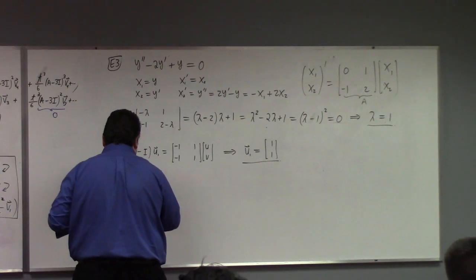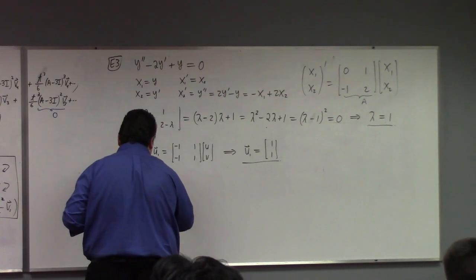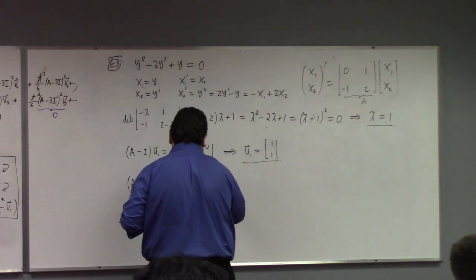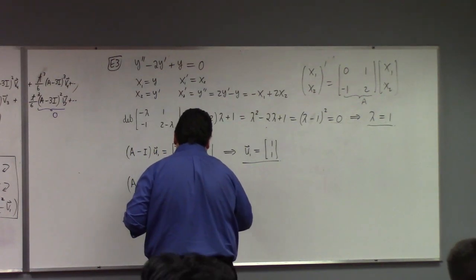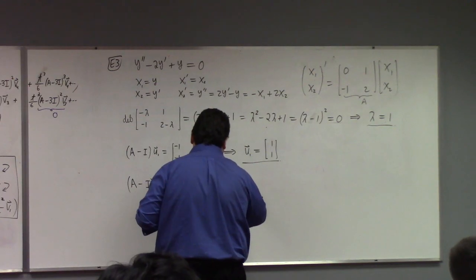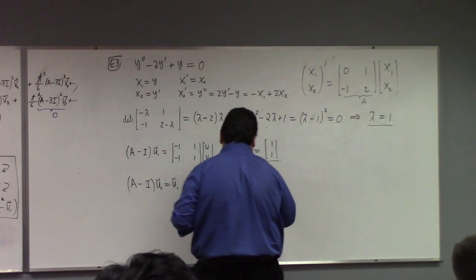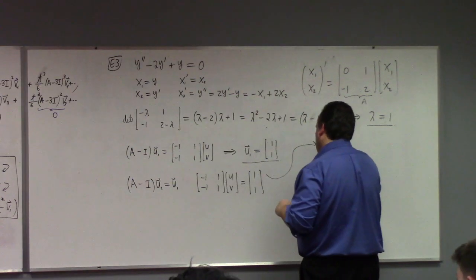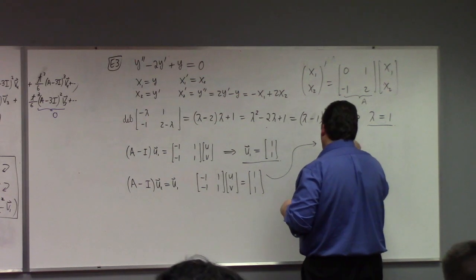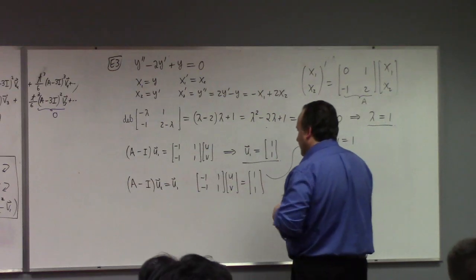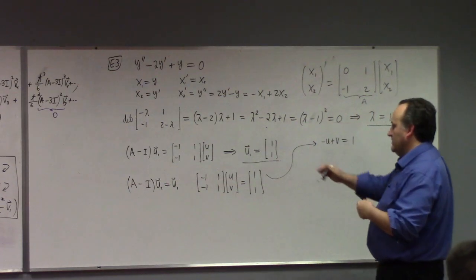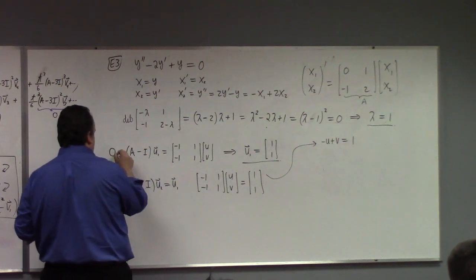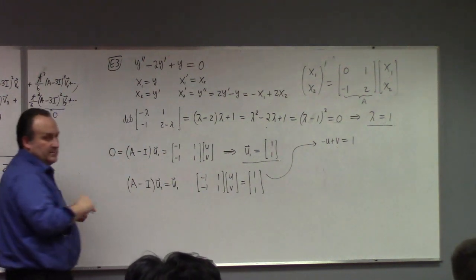Then I want to solve A minus I times u2 equals u1, which gives me minus 1, 1, minus 1, 1 times (u, v) equal to (1, 1). So that gives me minus u plus v equals 1. I'm sorry, I forgot to write my 0 over here. Do you guys agree that's an eigenvector?